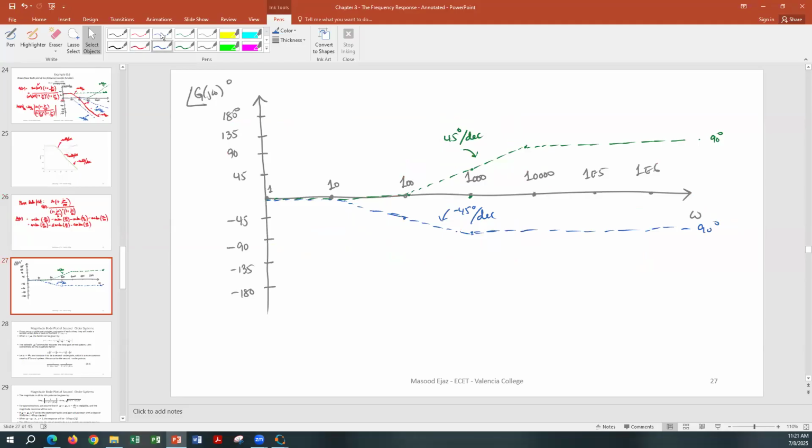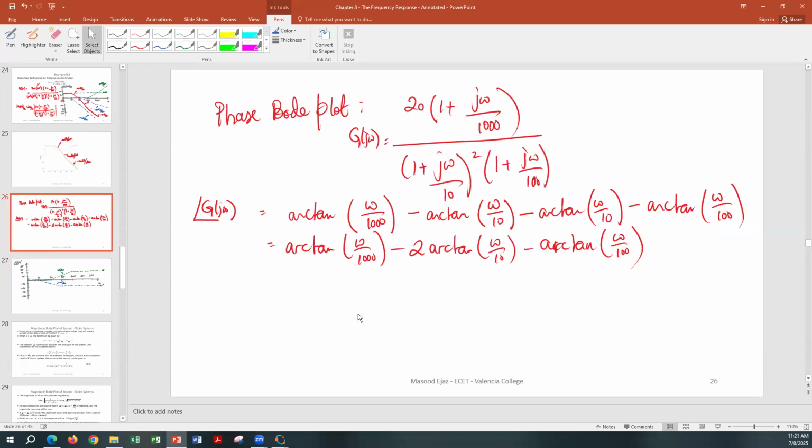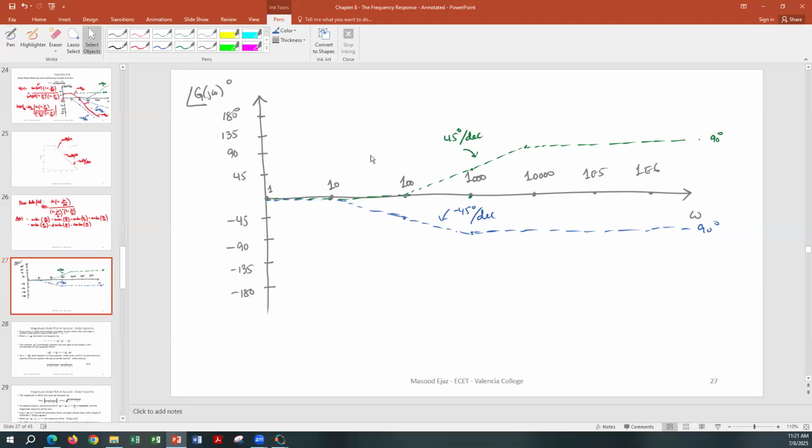So we're going to go until 1. Until 1 it is 0. Actually, I should have started at 0.1, that's okay. Until 1 it is 0, right here. And at 10 it is 45 degrees, so let's put 45 degrees here. It's going to be 90 degrees, because we're multiplying by 2. And then 180 degrees at 100.